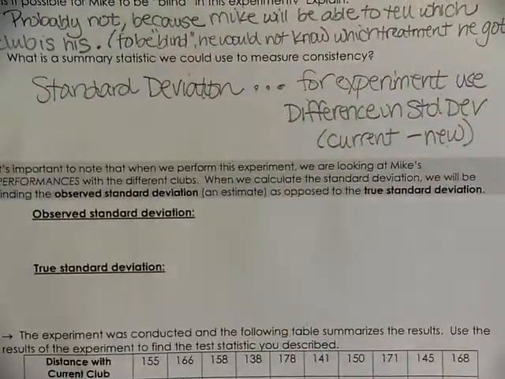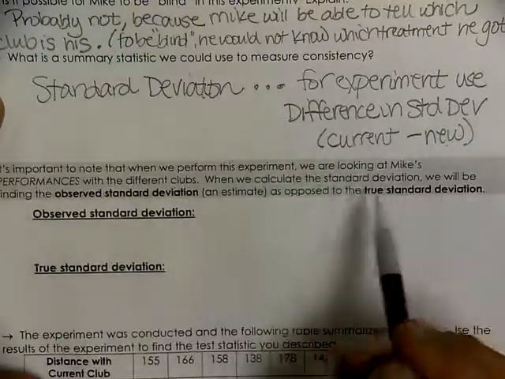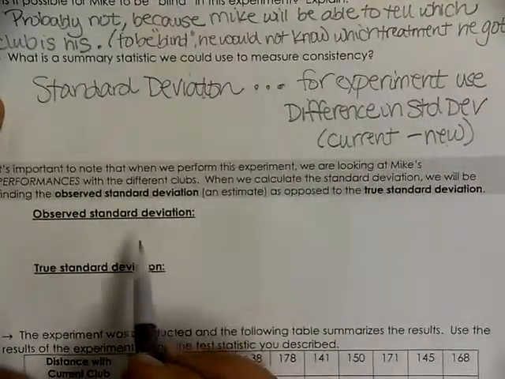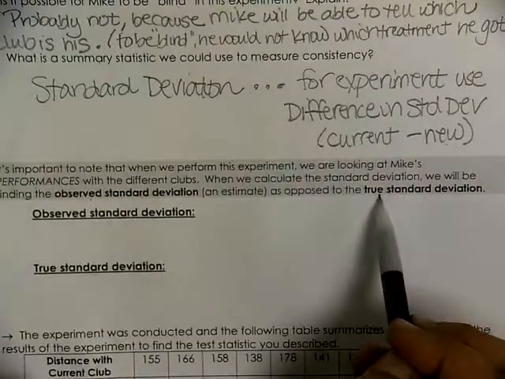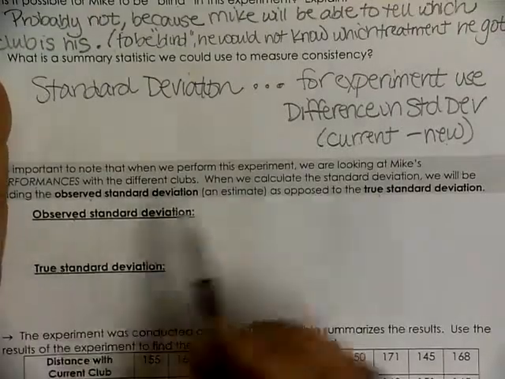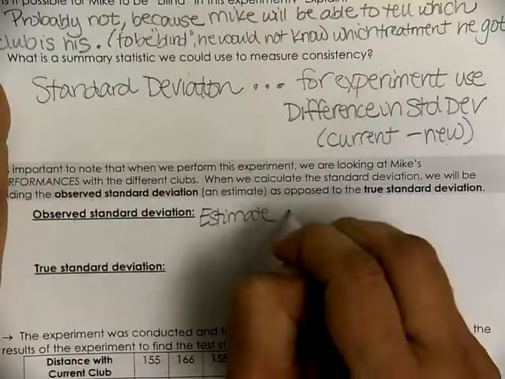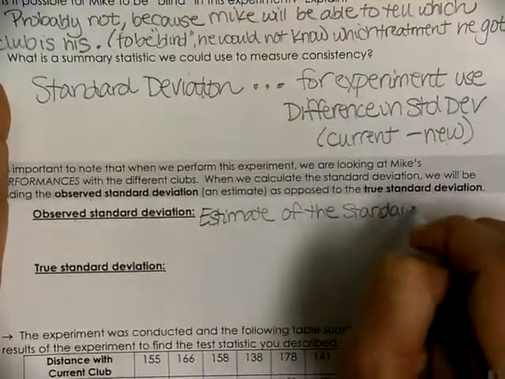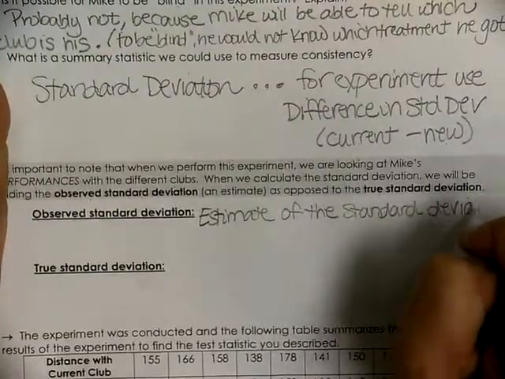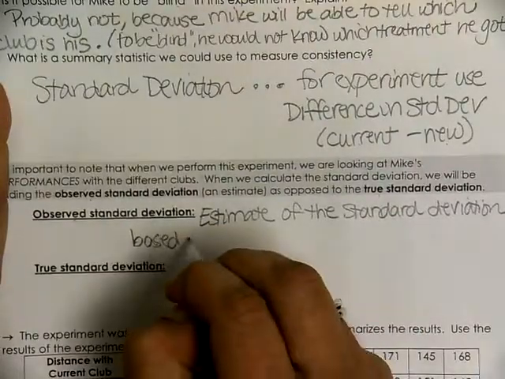Well, we don't know. Anyway, so it's important to remember that when we perform the experiment, we're looking at Mike's performances with the different clubs. When we calculate the standard deviation, we're going to be finding the observed standard deviation as opposed to the true standard deviation. The observed standard deviation, you guys, is an estimate of the standard deviation based on an actual set of performances.